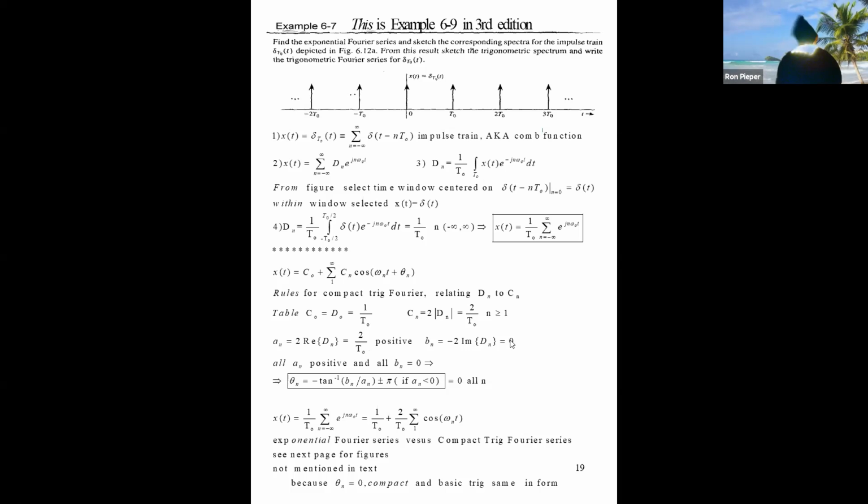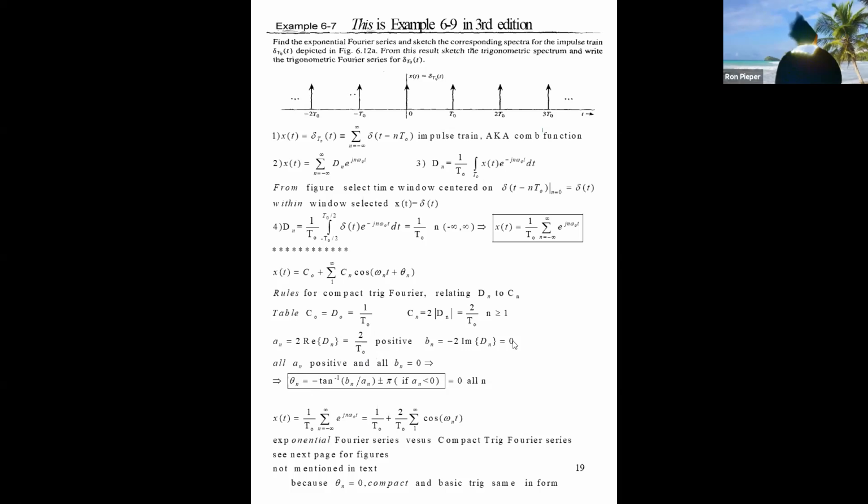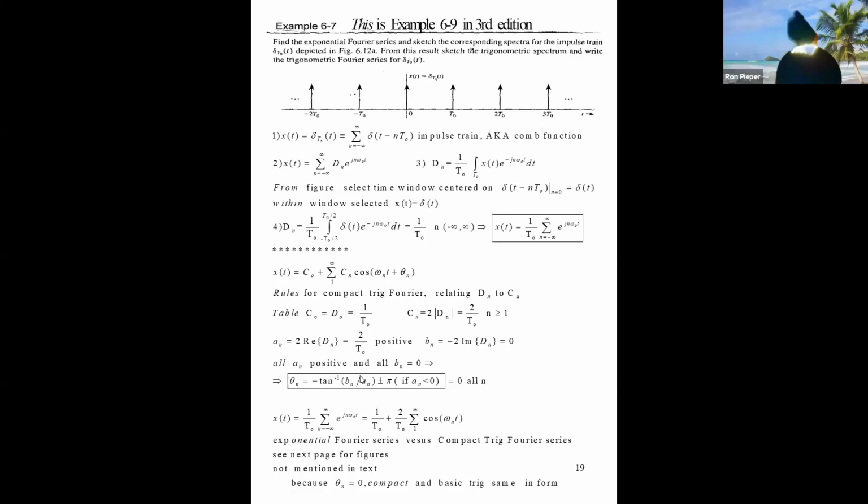So we can then get the theta n, the angles that we need up here, by noticing all the An will be what sign? Anybody follow me along? All the An would be positive, and then all the Bn would be 0. So using the same logic we had before, Bn over An is 0, so the inverse tangent is 0.